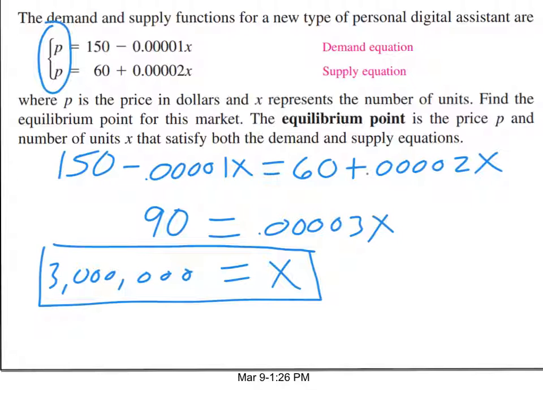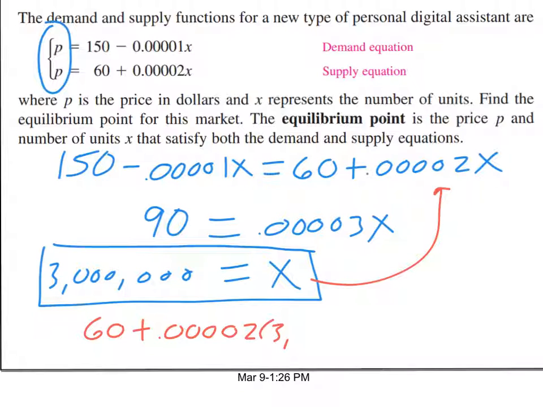Okay, now the P is the price. Based on how many we made, that would dictate what price we should ask for these. I'm going to go back up to here and say 60 plus 0.00002.